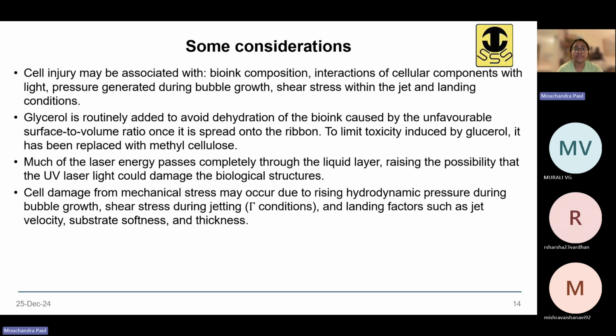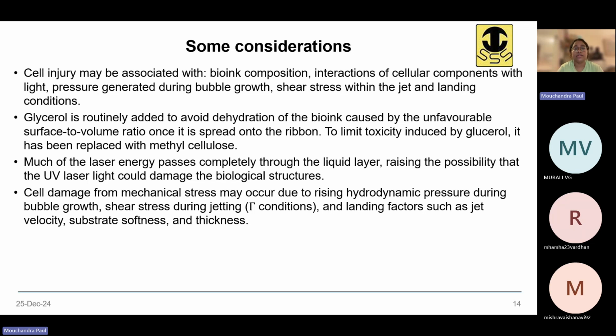The shear stress within the jet: here, as it is tapering out, the surface tension is overcome and a tapering happens, and that gets broken off to form a bubble and then it drops. So during that step, some shear stress also gets generated, which can have a damaging effect on the cells.